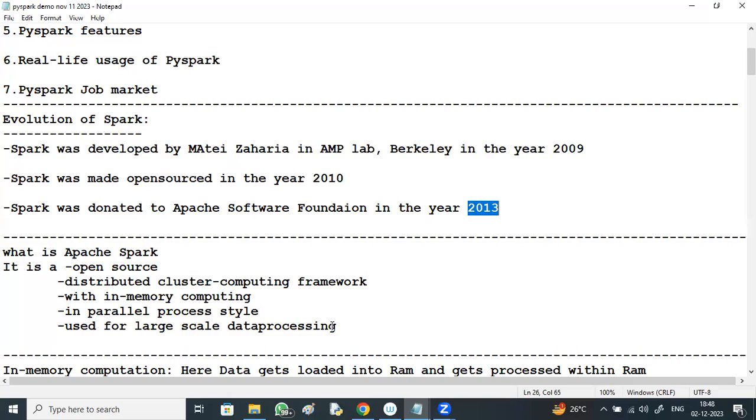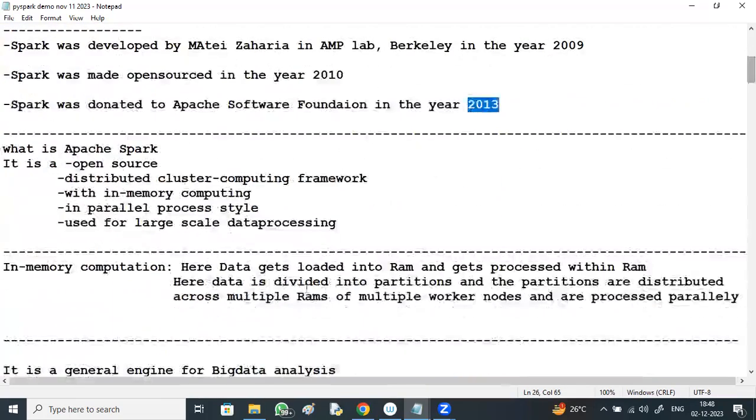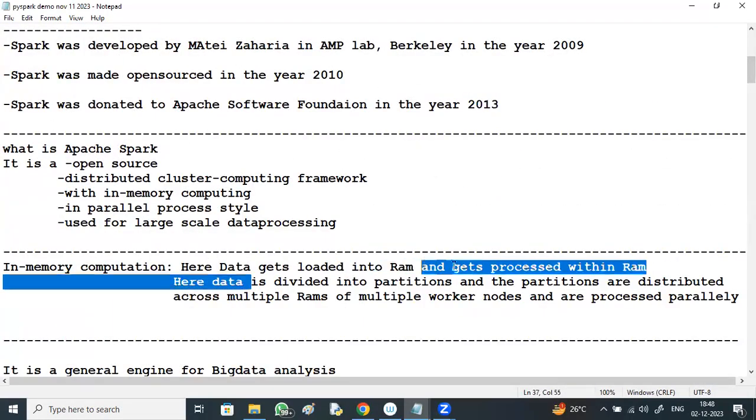In-memory computation, the main feature we see here, means data gets loaded into RAM and processed within the RAM. So storing and processing both happen at the memory level.